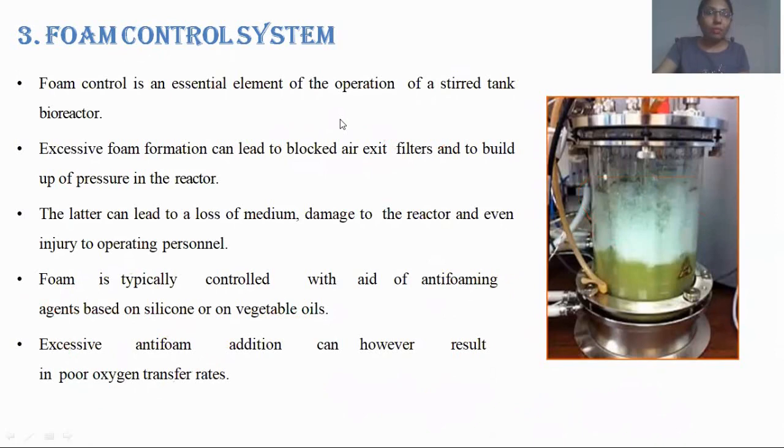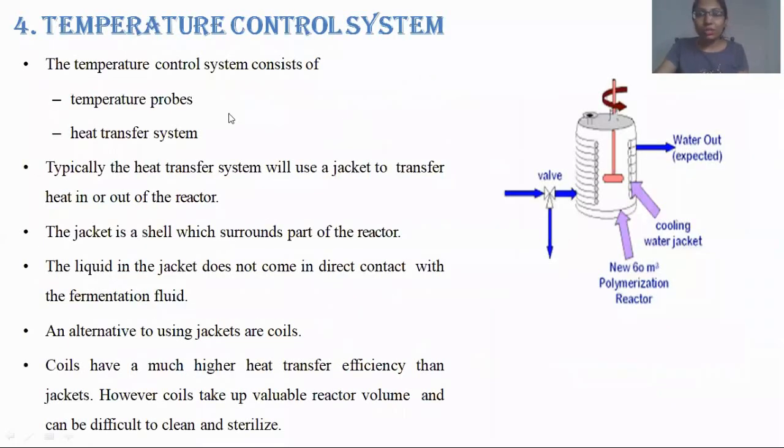The next system is the temperature control system. The temperature is controlled by the temperature probes and the heat transfer systems. The temperature probes will see what the actual temperature is. Let's say it is 38 degrees Celsius. The temperature will be decided based on the microbial strain you are using. Now, if the temperature increases, then there are cooling systems available.